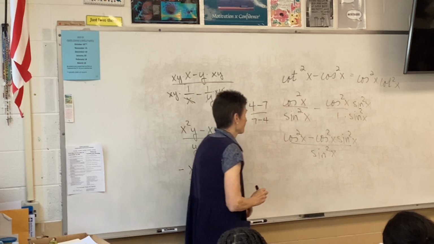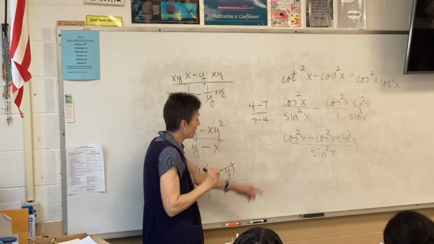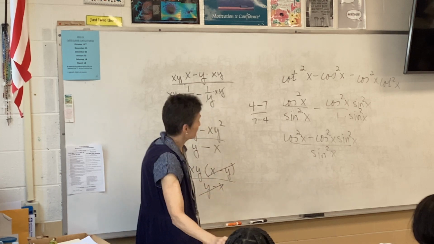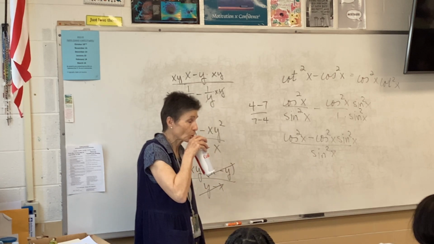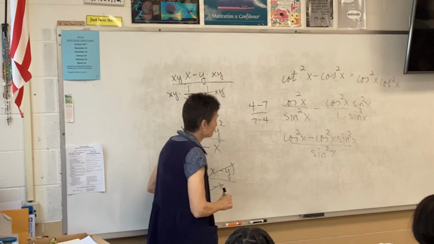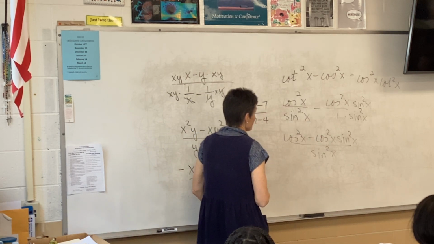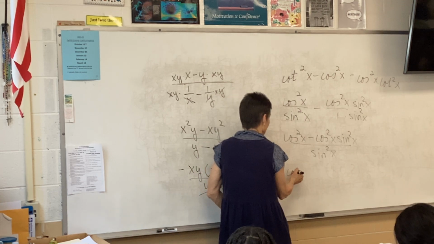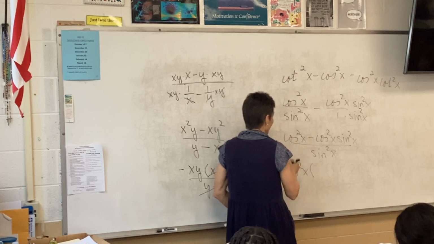All right. I have the right common denominator now. Notice anything? We can factor something out for sure. You can factor out a cosine squared. What will that leave me with?